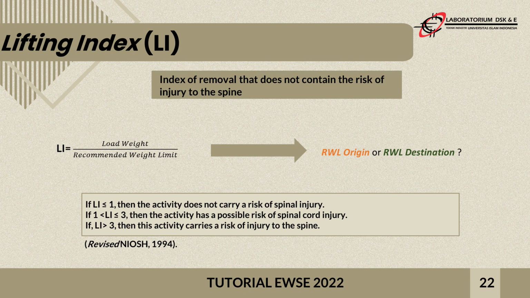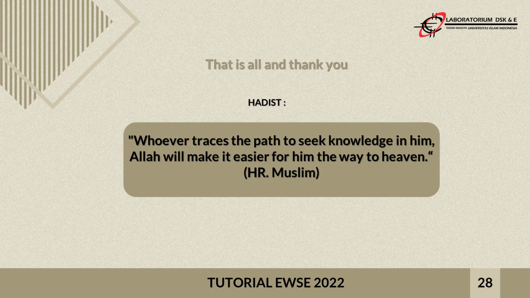The closer to 1 for the value of the 6 variables formulated, except for LC, the better for the RWL. After you calculate and get the result, you can categorize the LI values into the classification as shown in the PowerPoint. Okay, that's all from the manual material handling tutorial.